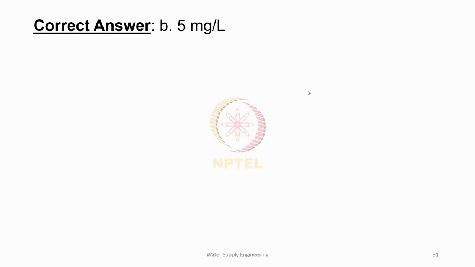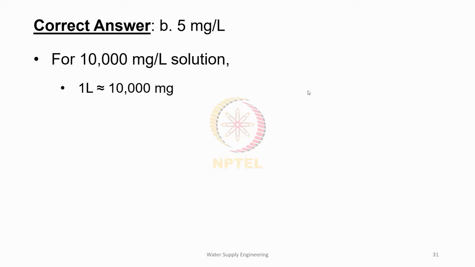Correct answer is option B, 5 milligram per liter. So it's mentioned for 10,000 milligram per liter solution. That is the actual alum concentration in the solution we took. It was 10,000 milligram per liter, and we have added 1 ml of the solution to 2 liters. So we know that 1 liter is approximately 10,000 milligram.